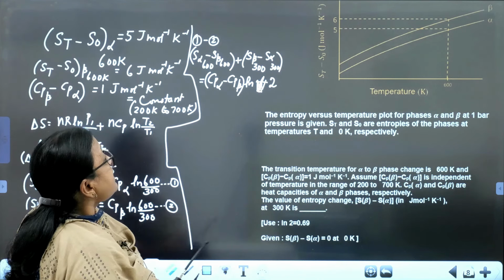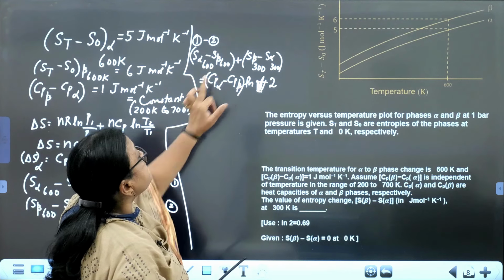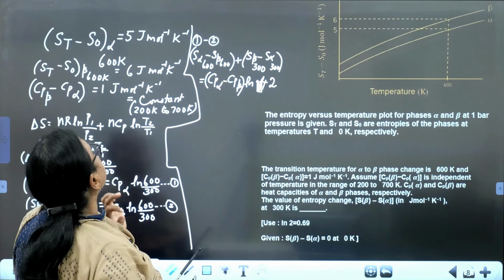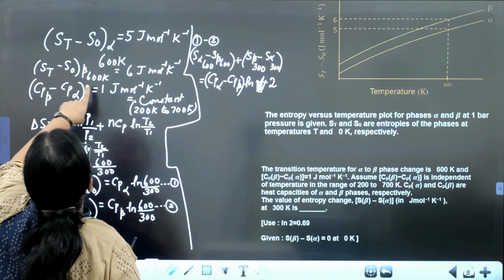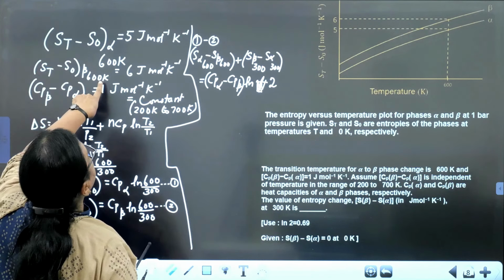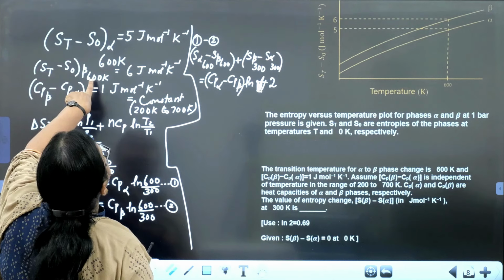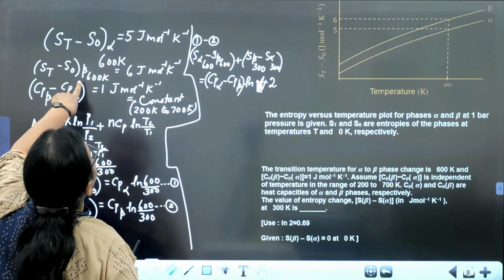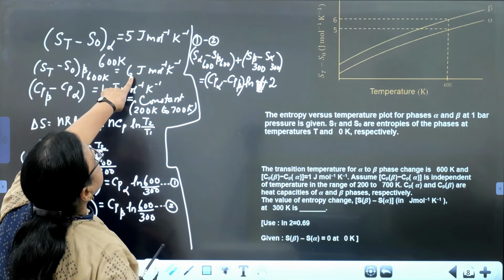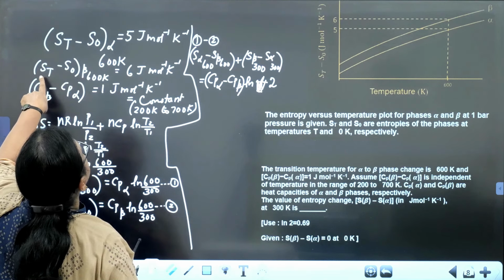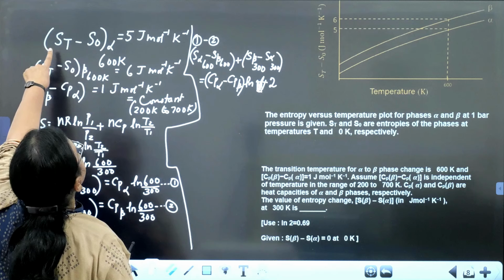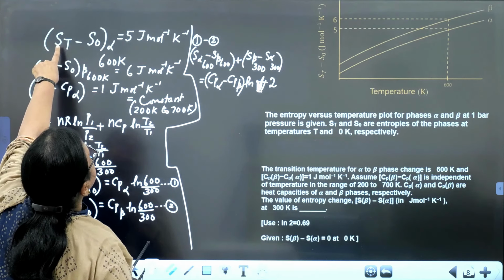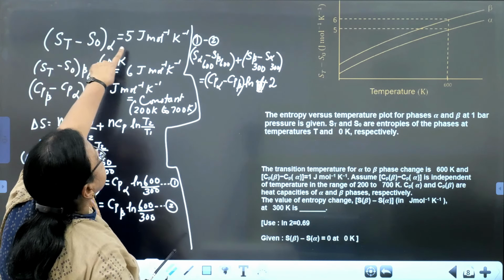Now you have S alpha 600 minus S beta 600. S beta 600 minus S0 is 6 and S alpha 600 minus S0 is 5.